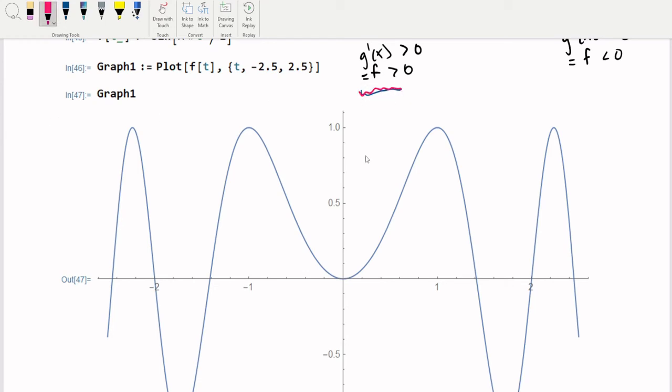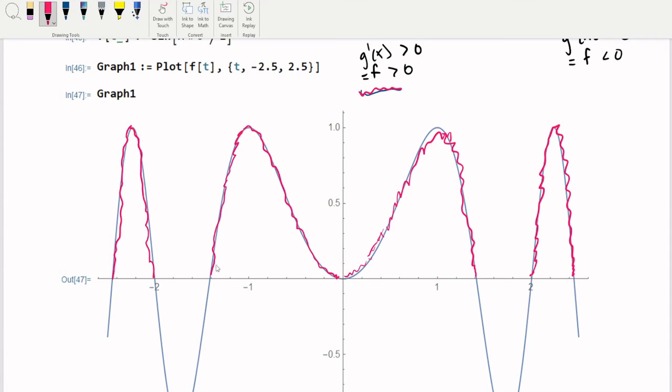I'm going to shade where the function g is increasing. All of this, g is increasing. Not there, but all of this. Not anymore. And here, it's increasing. So all this pink area, g is increasing.